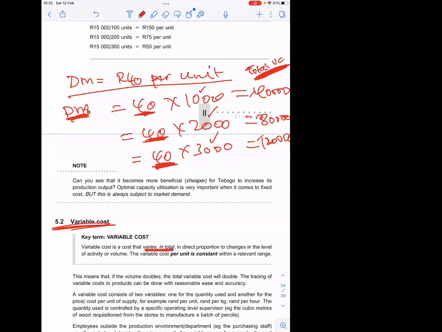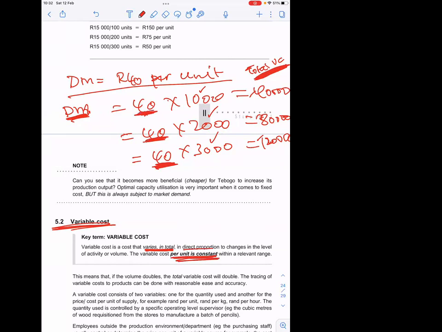I don't want us to explain these things in a general sense. I want you to understand these things so that we can explain them. Right, in direct proportion now, it moves with the changes. If there's an increase, it will increase. If there's decrease, it's decreasing. Right, the variable cost per unit is constant within the relevant range.